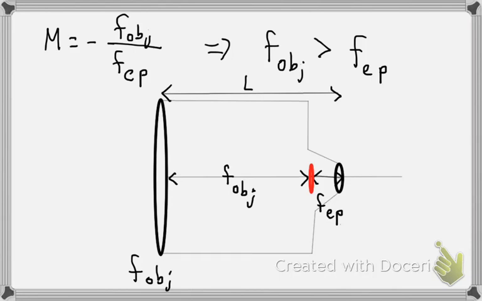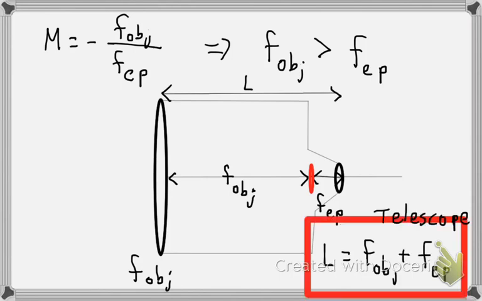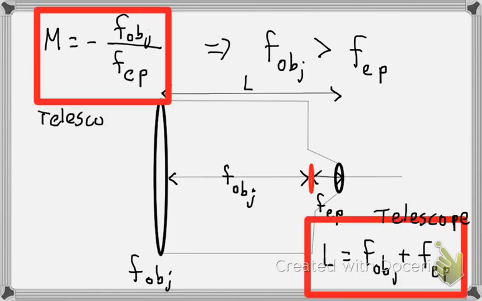The real object, the moon, the sun, the planets, are at infinity, so the intermediate image is always formed a distance FOBJ from the objective lens, and the eyepiece has to be placed at a distance equal to the focal length of the eyepiece. So the sum of the two focal lengths is the total length of the telescope. So these are the basic equations that we have for a telescope: the magnification and the length of the telescope.